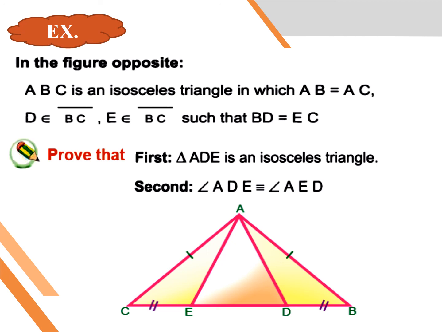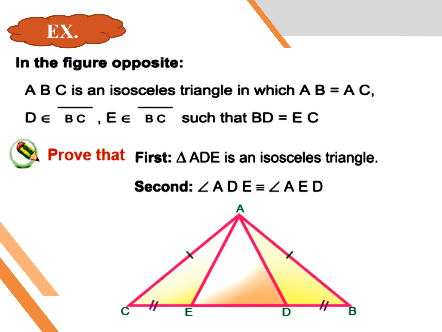After that, I have two triangles, ADB and AEC. In the two triangles, number 1, AB equals AC and BD equals CE, and measure of angle B equals measure of angle C. So the two triangles ADB and AEC are congruent.